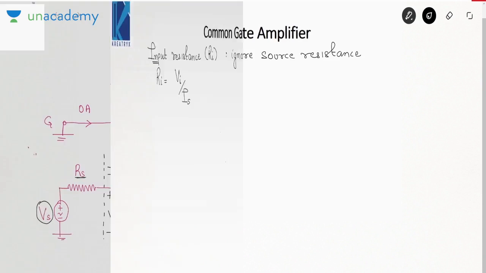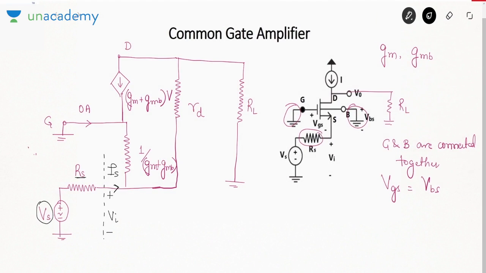Now I will define some currents here, suppose I1 and suppose I2. And this current will then be, suppose this is V0, minus (I1 plus I2). Okay, that will be this current.